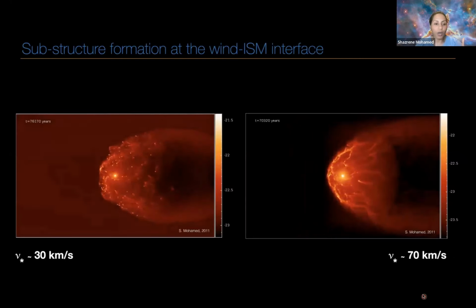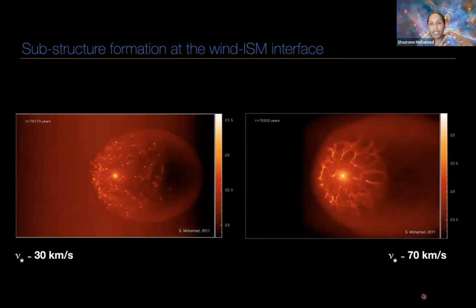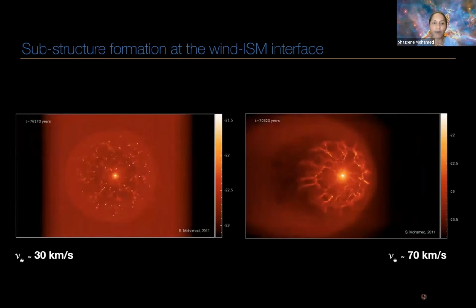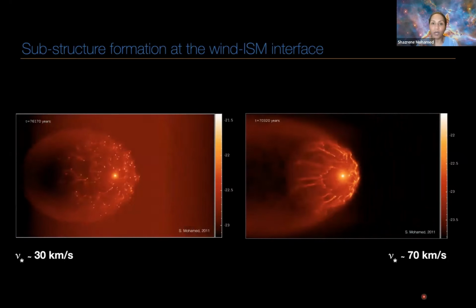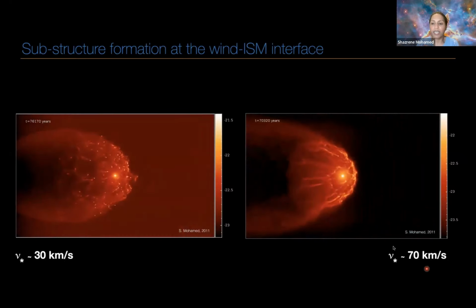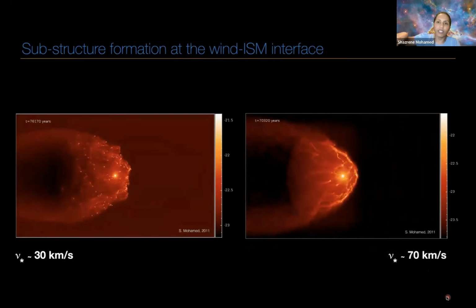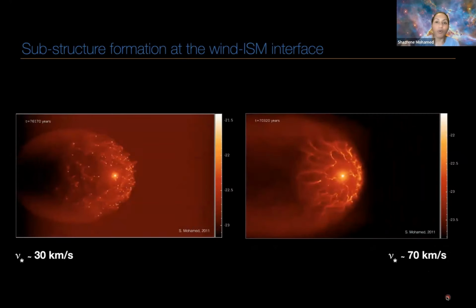And you can see in the slower model, you get Rayleigh-Taylor type instabilities forming, and these finger-like instabilities grow, and you get clumps, and a very different type of morphology to the bow shock than in the faster model, which you see here at 70 kilometers per second, where these fingers don't have time to grow. You have shear between the ISM and the wind, and you get much more filamentary structures.